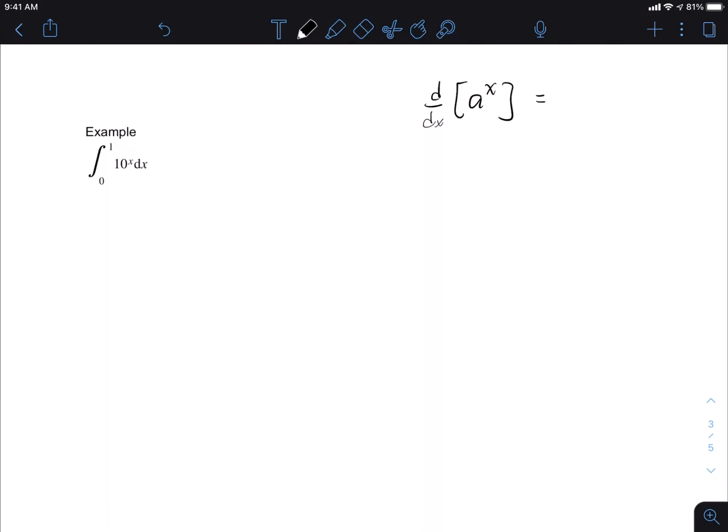Yeah. Gerardo almost had it. It's a to the x ln of a.